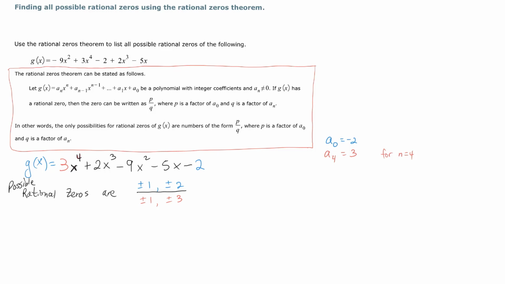Why don't we list all such possible zeros in order? So what is the lowest possible zero here? That would be negative 2.